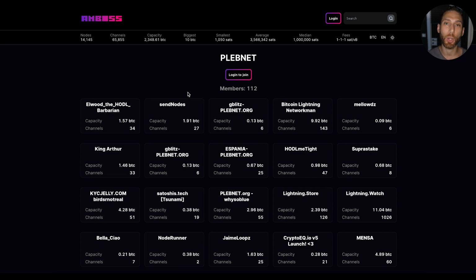You will then need to go ahead and post the request to join in that Telegram group or Reddit group or wherever, and you will need people to authorize that you are a member of the group. It will change depending on how many people are in the group. It will change how many people need to authorize and approve you. But if you just message in the group, most likely people will approve you to join and you'll be good to go.